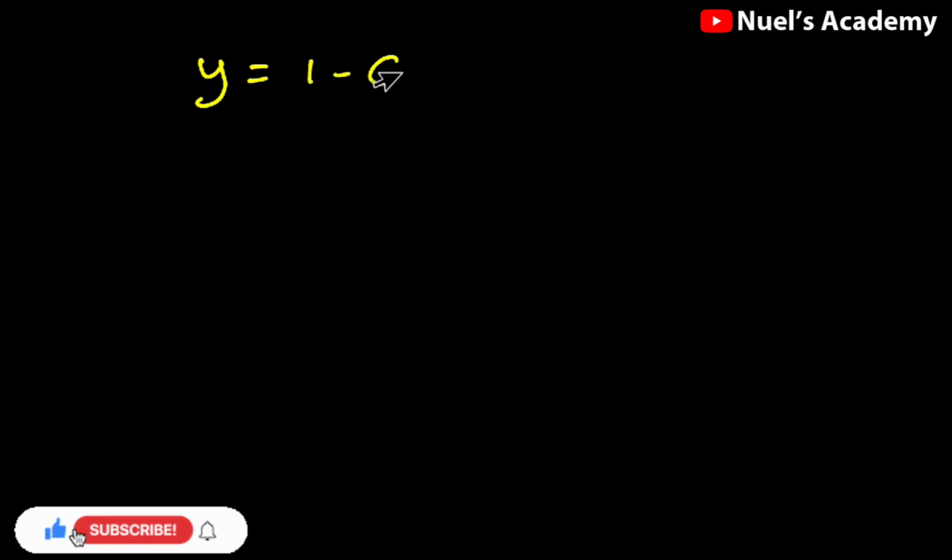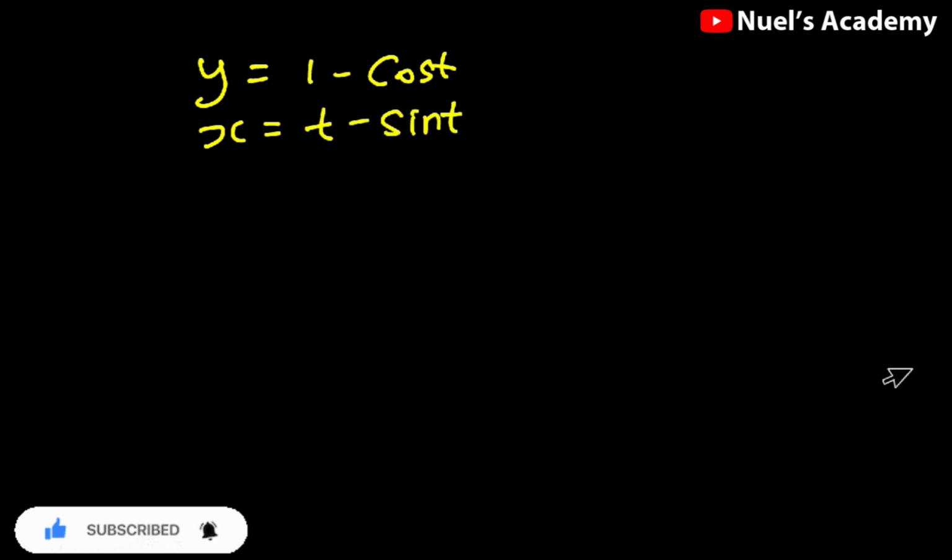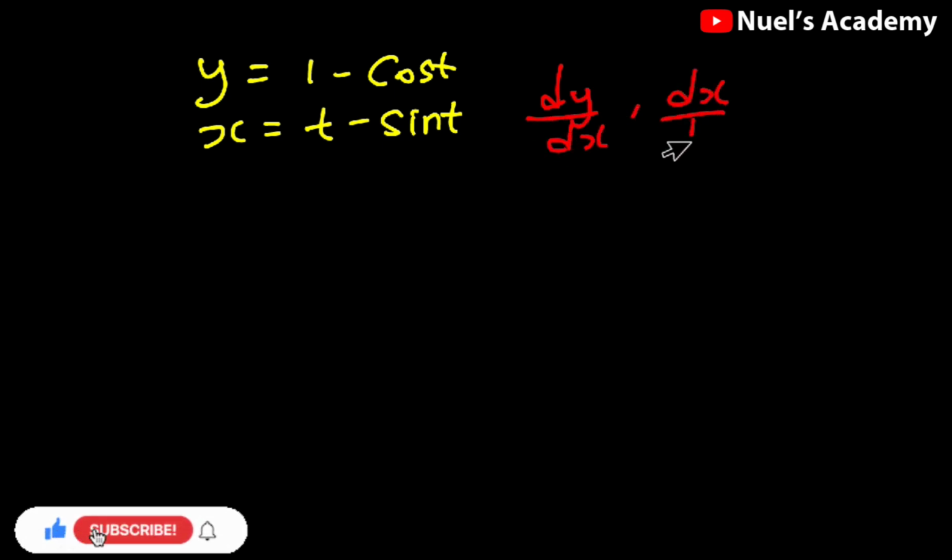Let's have another problem. We have y equals 1 minus cosine t, and x equals t minus sine t. We are asked to find dy/dx and also dx/dy using the formula.